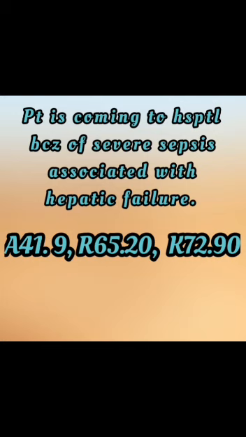So here we have hepatic failure. So three codes required. First I will give sepsis code, that is A41.9. Then severe sepsis code, that is R65.20. Then what is the third one? Hepatic failure. Here we have specific organ failure mentioned. So we need to code that also as per the guideline. So code will be K72.90.